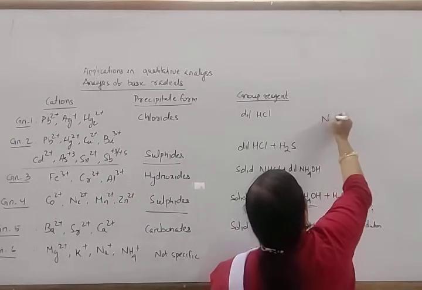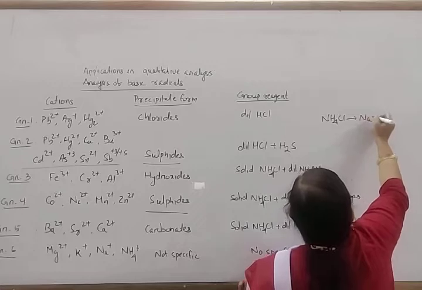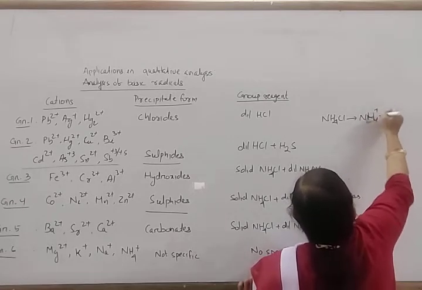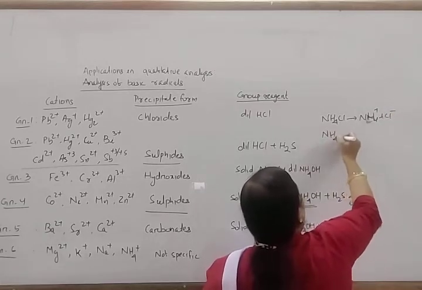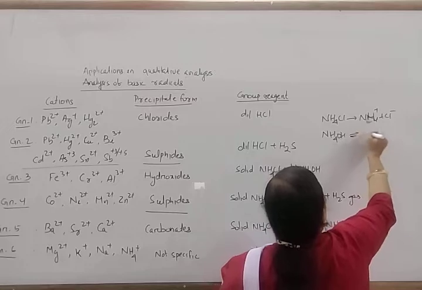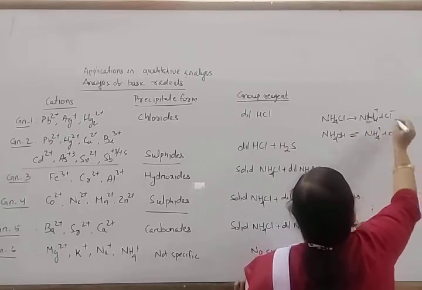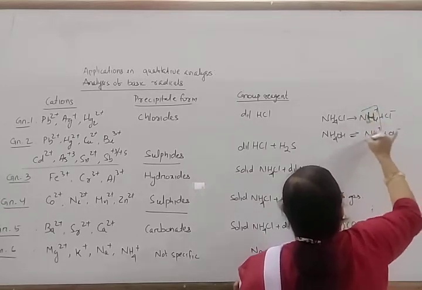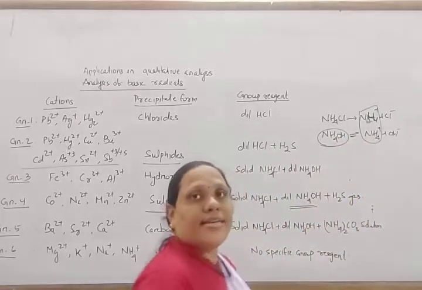Look here, ammonium chloride ionizes to give NH4 plus and Cl minus, and ammonium hydroxide dissociates to give NH4 plus and OH minus. As there is a common ion, NH4 plus, the dissociation of ammonium hydroxide decreases.